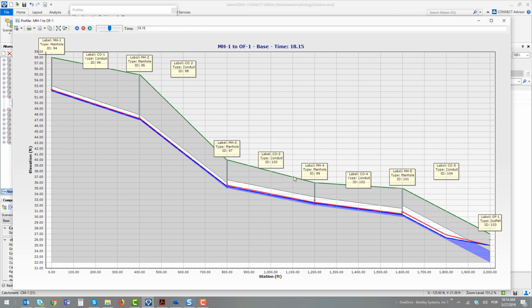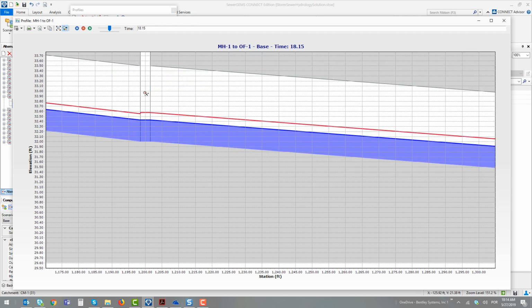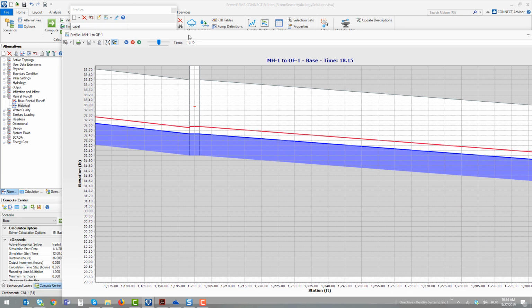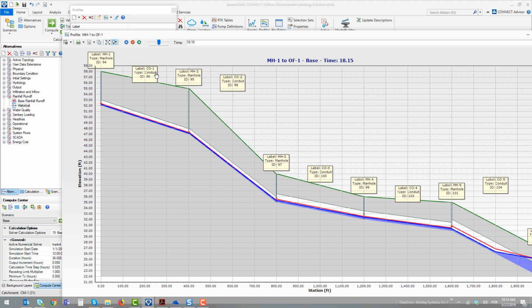We can see the peak flow using interpretations at the nodes. At the nodes, we can see a red check mark. It's the highest hydraulic grade achieved along the simulation. So this is the profile for the first scenario.